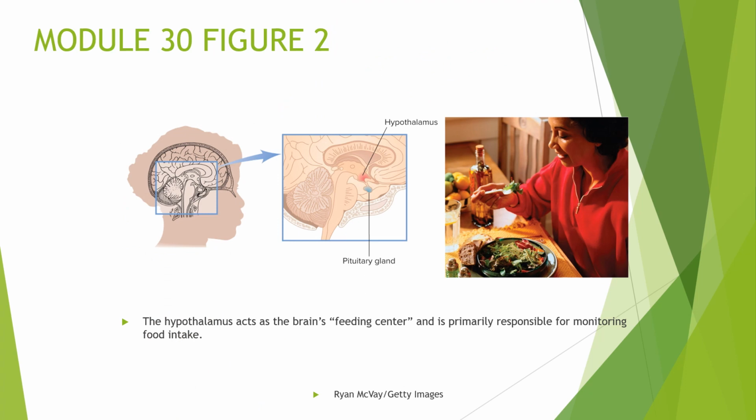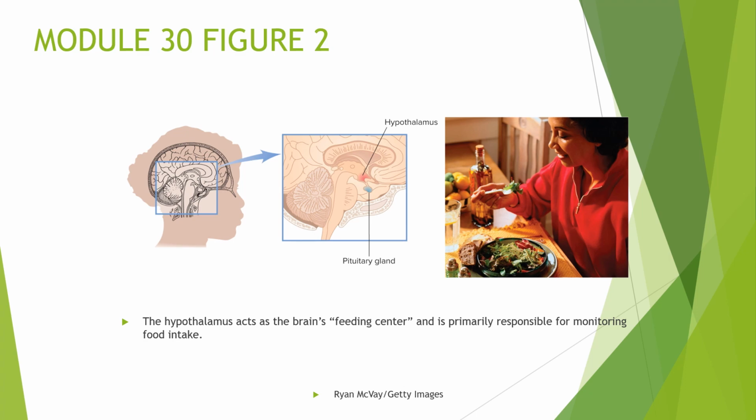This picture is in your book at the top of page 310, and it shows that the hypothalamus acts as the brain's feeding center, and it is primarily responsible for monitoring your food intake. Now remember, the pituitary gland is where your hormones are developed.